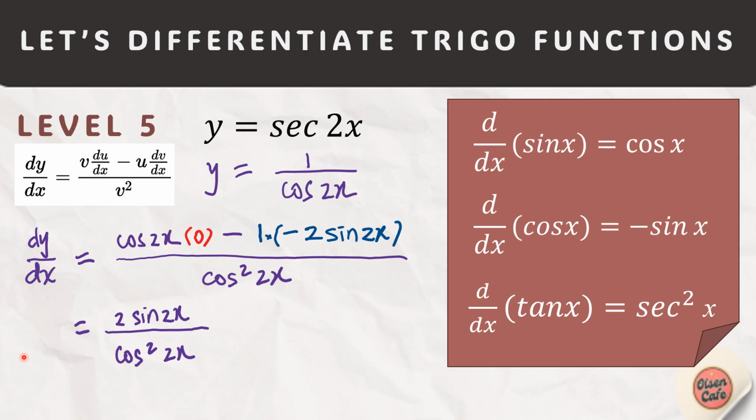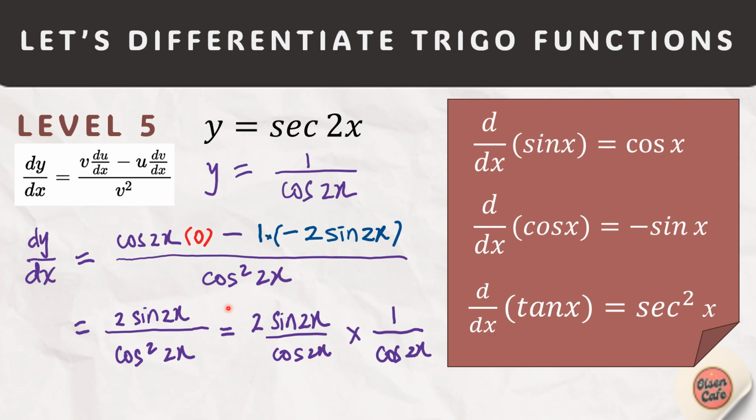So I am going to apply a little bit of trigo skill. I'm going to split the expression into sine 2x over cosine 2x, multiplied by 1 over cosine 2x. So you get to see the cosine 2x as a denominator. I split to get cosine 2x times cosine 2x.